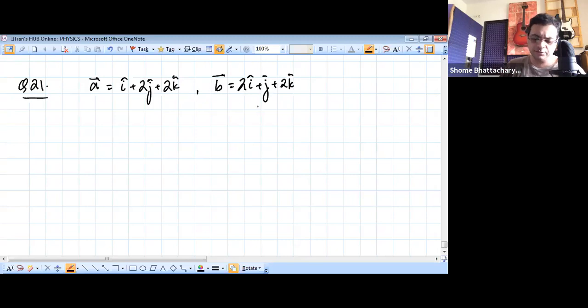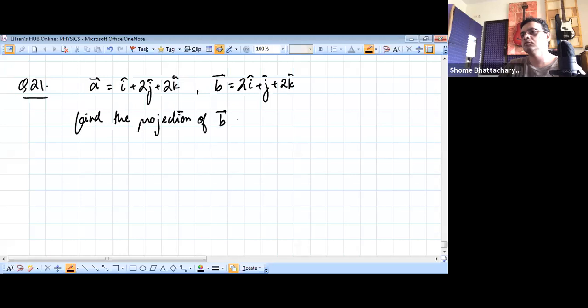And we have to find the projection of vector B on vector A. On is the same thing as along.